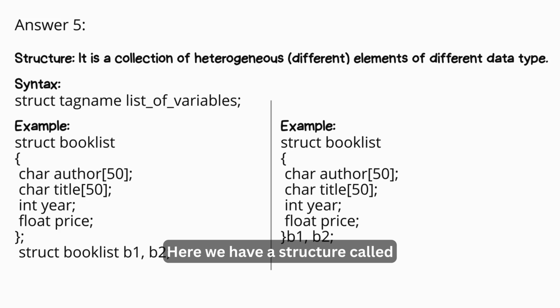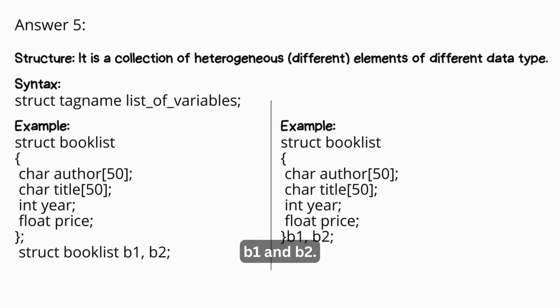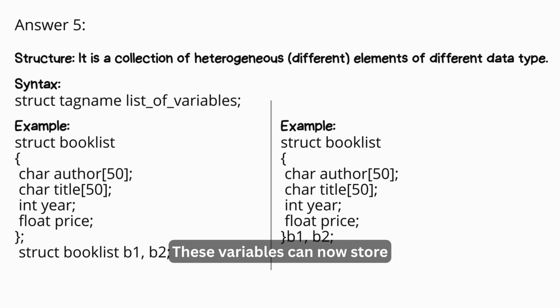Here we have a structure called booklist. It contains a character array for author name, a character array for title, an integer for year, and a float for price. Once the structure is defined, we create structure variables like b1 and b2. These variables can now store complete details of two different books.